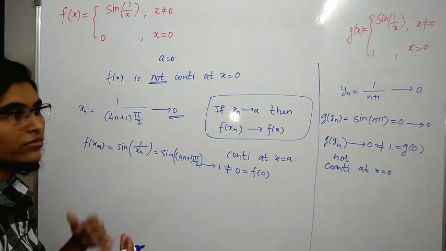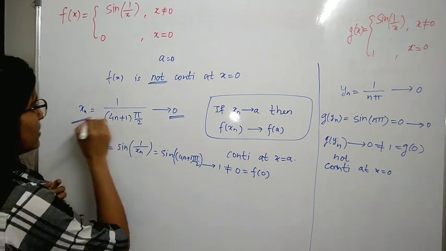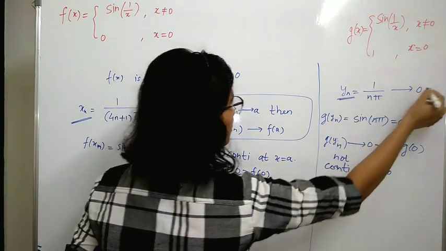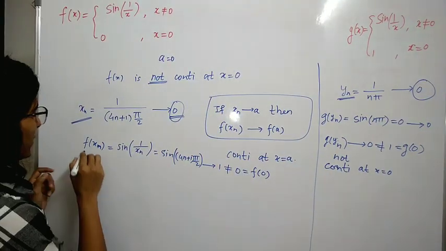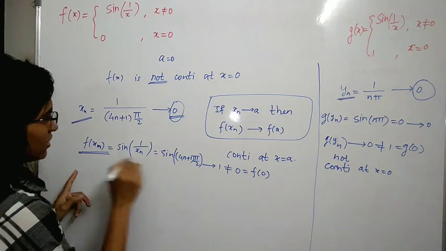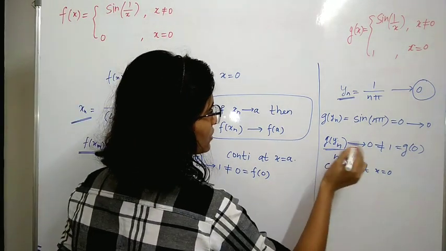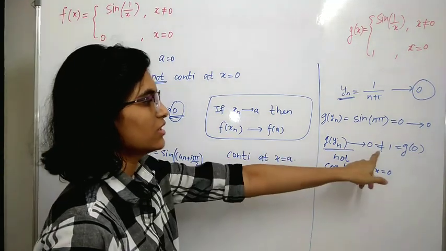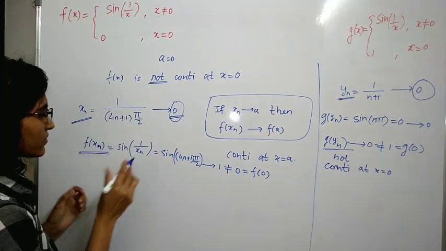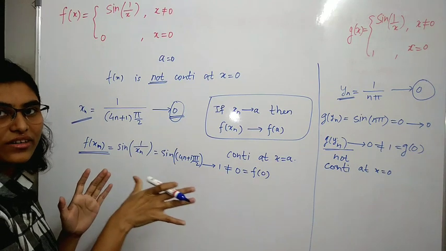Why? Because we have two sequences xn and yn, both converge to 0, but f of xn and f of yn converge to different values: here it is 1, here it is 0. So the limiting values are not the same.